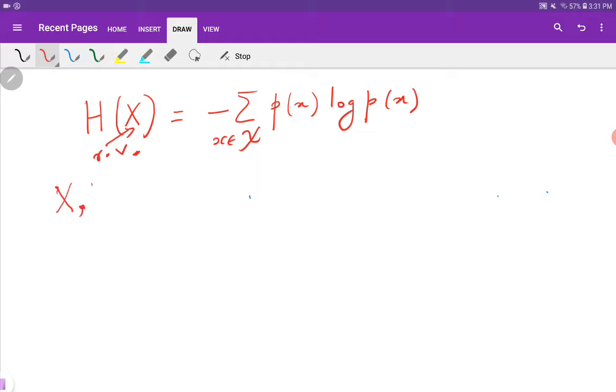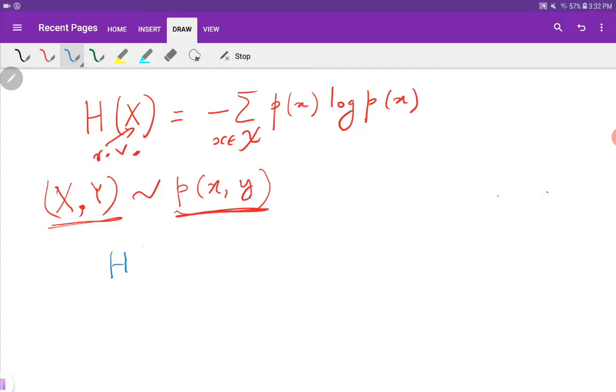For example, if we have two random variables x comma y, then we can similarly have a joint distribution p of x comma y for the pair of random variables. When there is a joint distribution, we also have a term called joint entropy, given by H of x comma y.